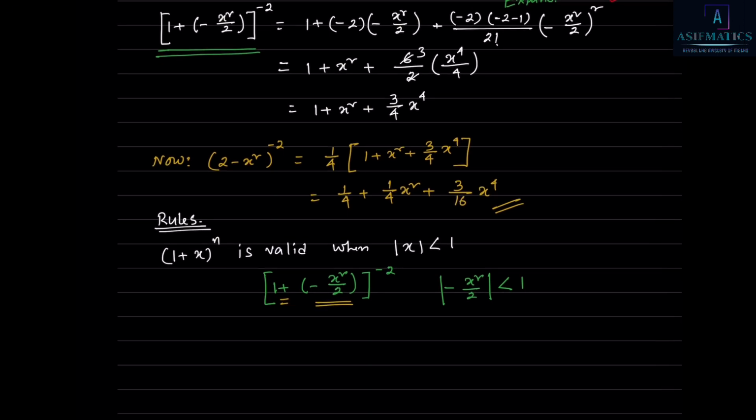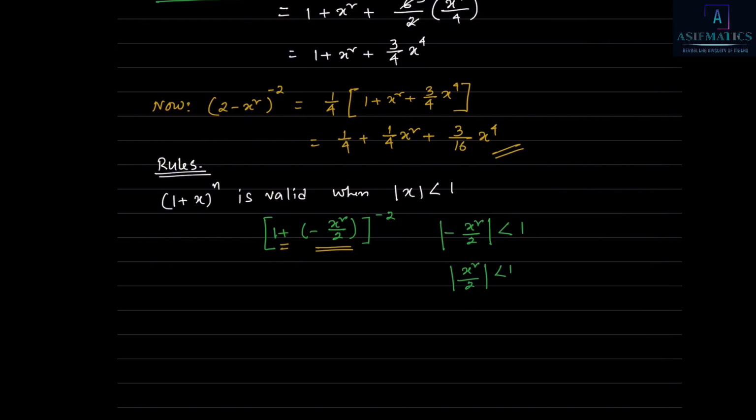Okay. So now modulus of x, in case of modulus, the value is always positive. So we can write this as x square by 2 is less than 1, or mod of x square is less than 2, or mod of x is less than root over 2.